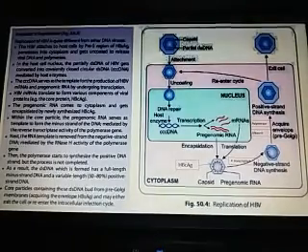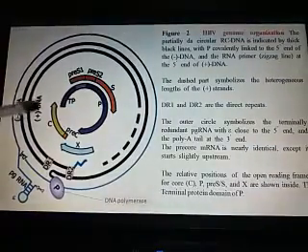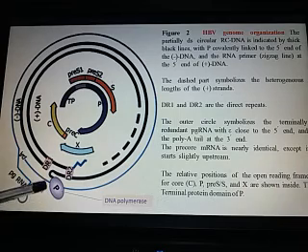You have seen this in the earlier class in these slides. This one is the pgRNA. What is the function here?